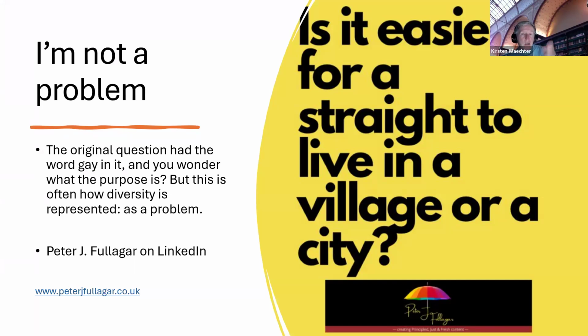So the original question that you found in a textbook from the 1990s or 2000s was, is it easier for a gay person to live in a village or a city? And he replaced it with straight. And then you see how absurd the whole question is. He went like, yeah, but that is how very often in the past diversity used to be represented.